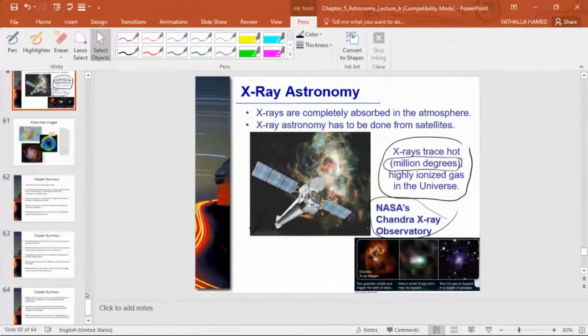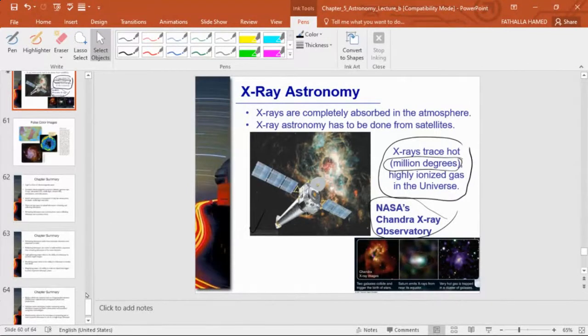From that time on, we started using telescopes. And now when we talk about telescopes, we're talking about different types, not only visible light. We're talking about telescopes that use visible light, radio waves, gamma rays, X-rays, ultraviolet, infrared.